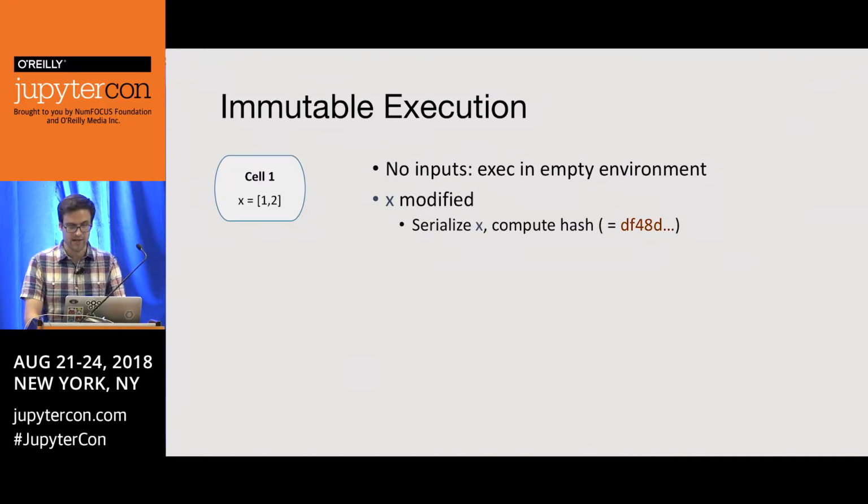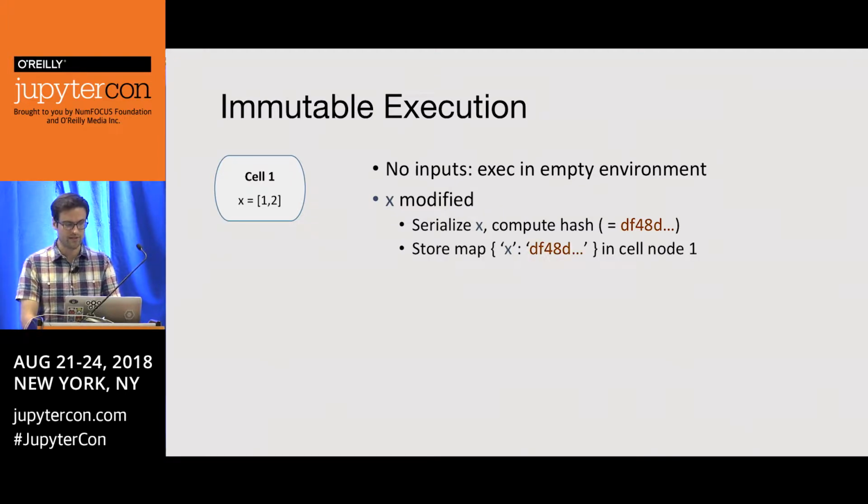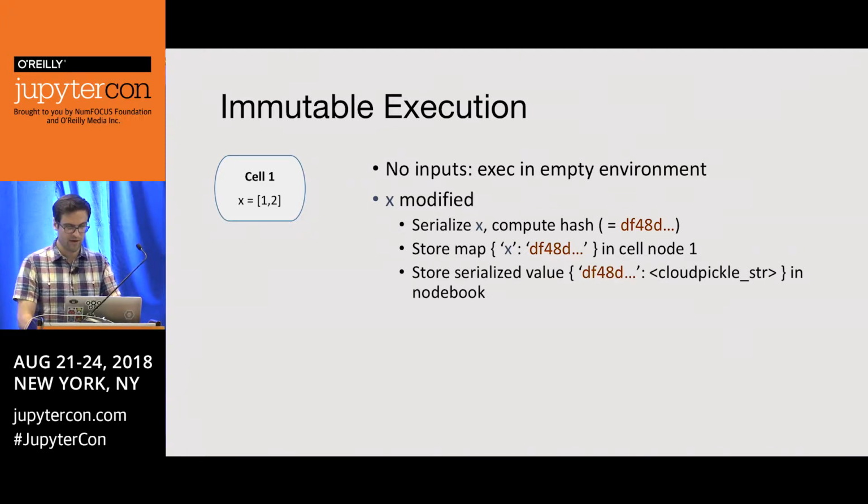So I'm serializing x. I compute the hash of the serialized value of x. And then I store alongside this cell, in cell node 1, a map from x to the hash value of the serialized version of x, so that I know what object to look up if I need to access that input later. Finally, in the global notebook data store, I'm going to map that hash to the serialized value.